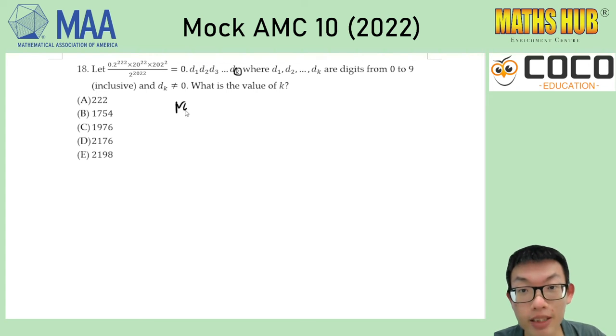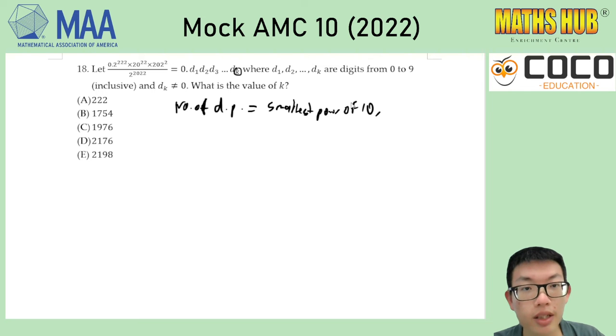Now, the number of decimal places is actually the smallest power of 10 which, if we multiply by it, gives an integer.